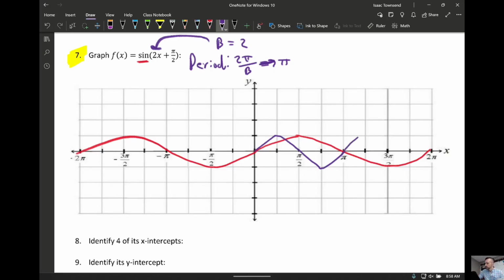Okay, so be very careful with the first cycle. Then you can just copy and paste the pattern for the rest of your graph. But this represents, in purple, sine of 2x.